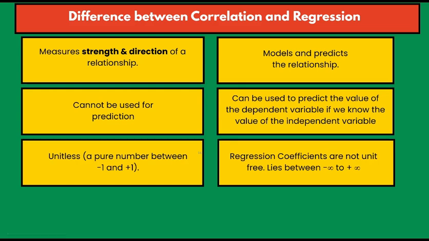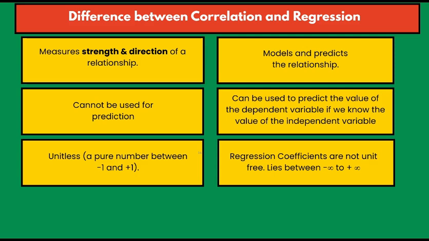Correlations are unitless numbers, and correlation lies between -1 and +1. The regression equation is not unit free. It depends on the data and what type of regression it is. Also, it depends on which regression coefficient you are speaking about, whether the intercept or the slope.